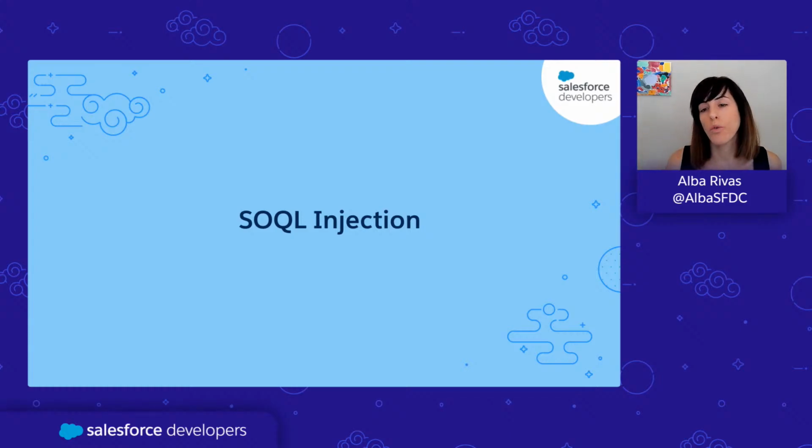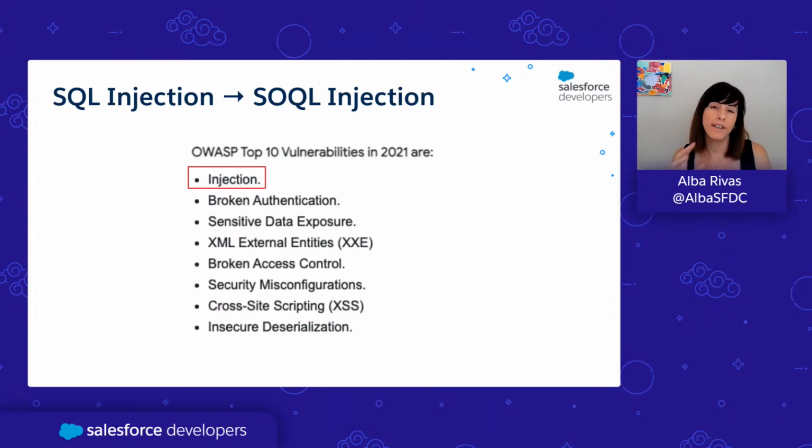The vulnerability in the OWASP list is injection, but as in Salesforce we have SQL, we will call it SQL injection. If you take a look at the list, injection is the number one vulnerability, so this is pretty important.